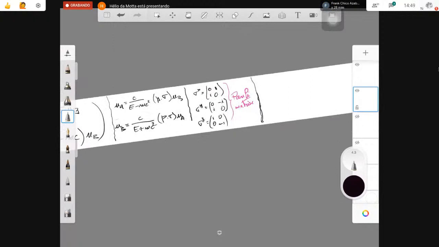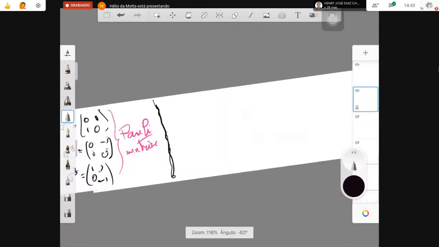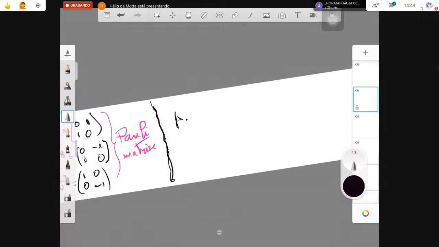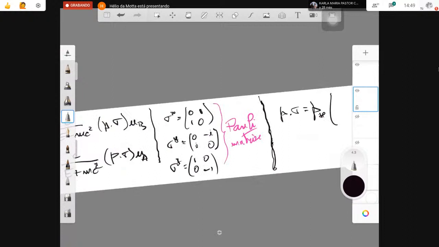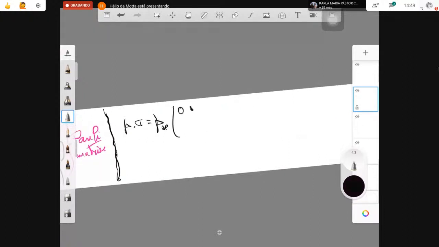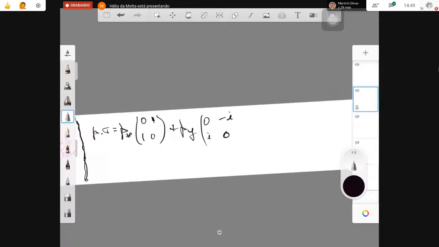So, if you solve all these things, it's not that complicated. Then we have the P dot sigma, which will be Px, the momentum component x, times this matrix here, 0, 1, 1, 0, plus Py times 0, minus i, i, 0, plus Pz times 1, 0, 0, minus 1.